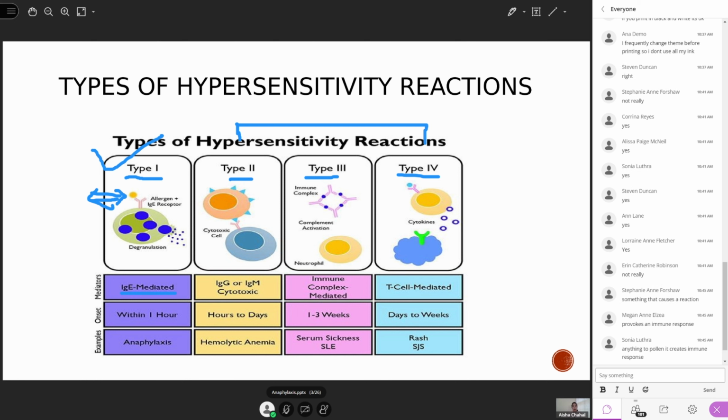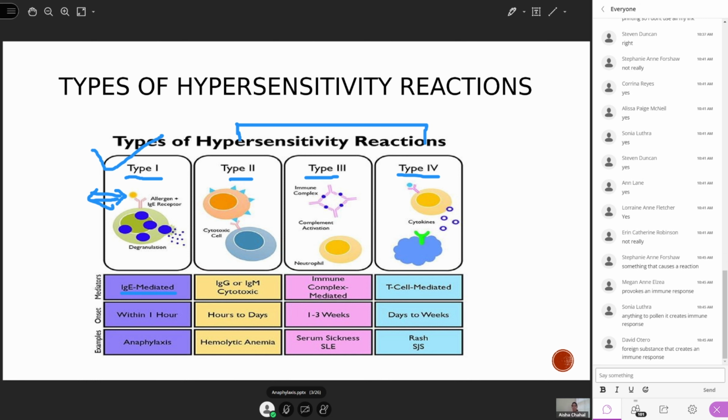It is pollen, for example. For example, people are allergic to peanuts, then peanut would be an allergen. So it is something that we either ingest, something that touches our skin, something that is injected into our body, and our immune system responds to that.